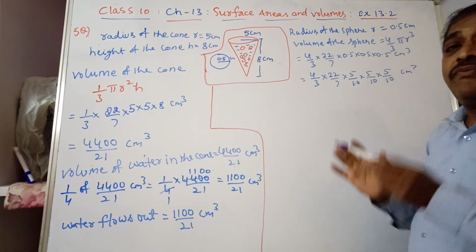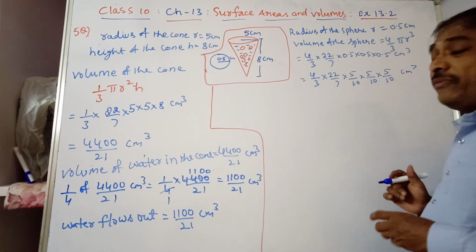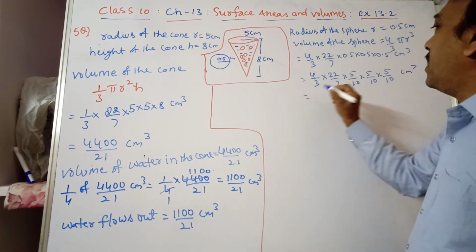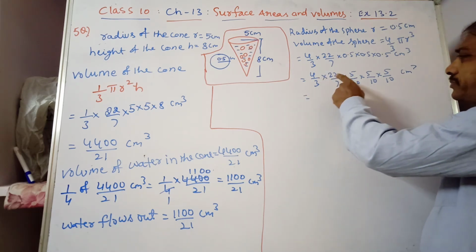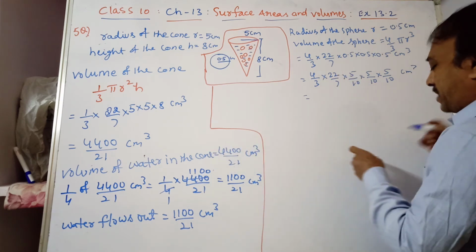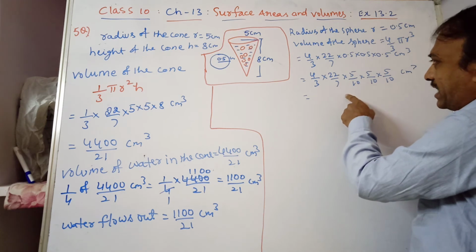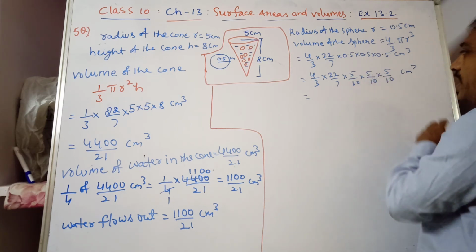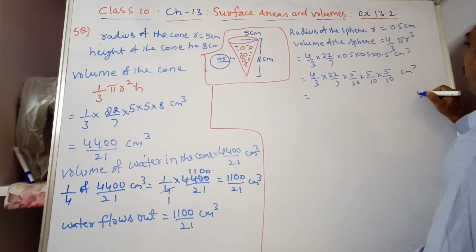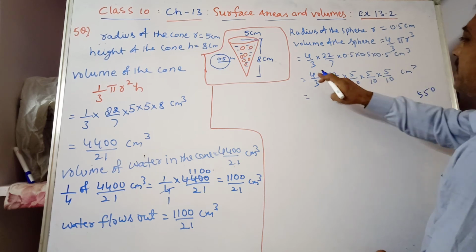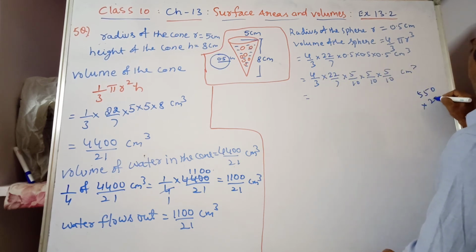This is the volume of one sphere. We write 4 into 22. Similarly, like the last calculation, 22 into 5 is 110, 110 into 5 is 550. Then 550 into 4 into 5, which is nothing but 20.